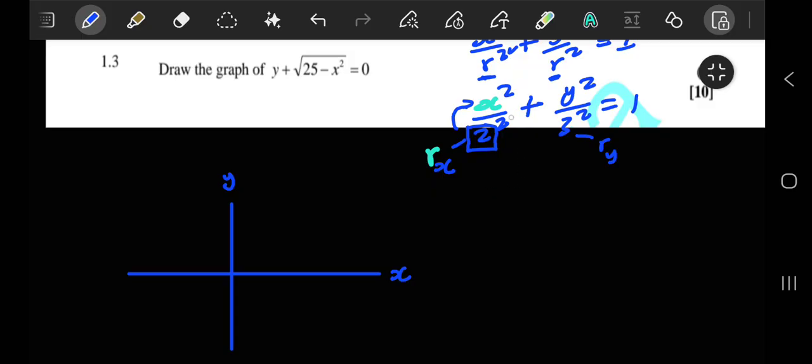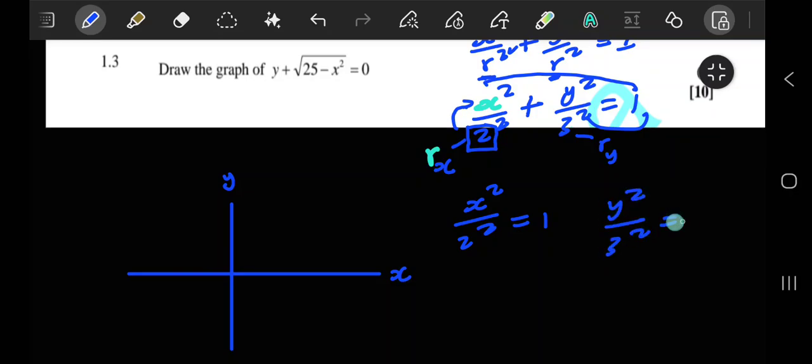After you have done this, take the whole thing and equate it to the other side. Just say x squared over 2 squared must be equal to 1, and also y squared over 3 squared is equal to 1.